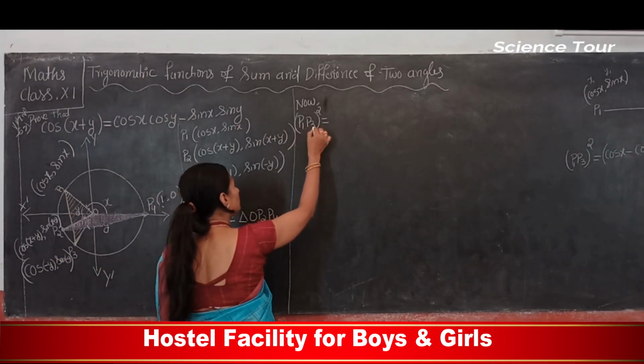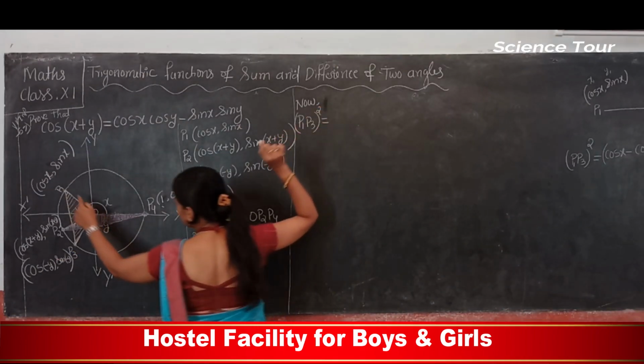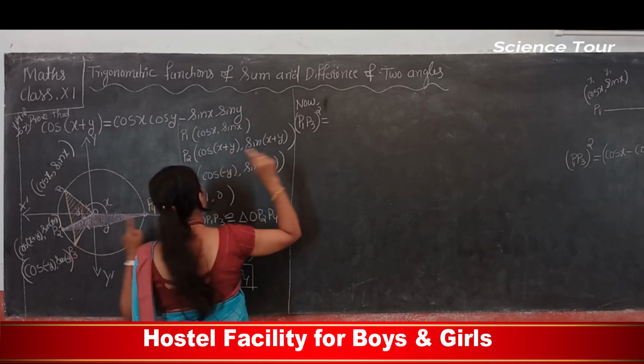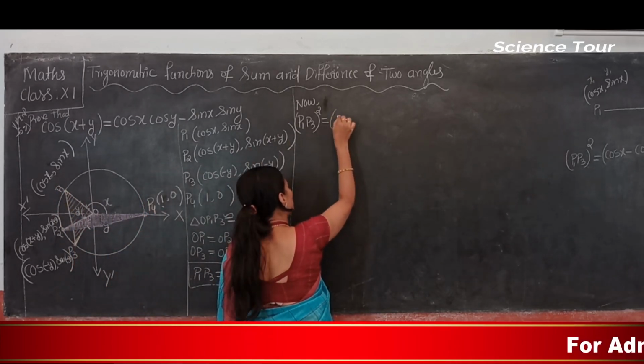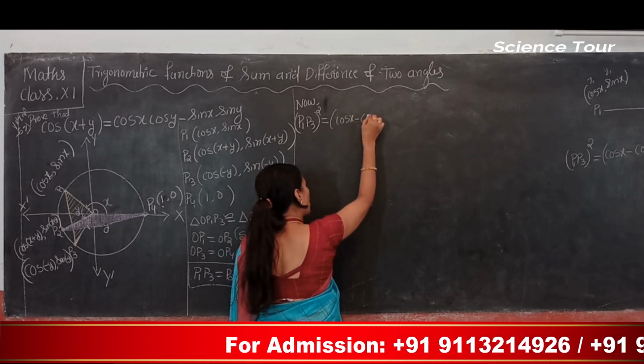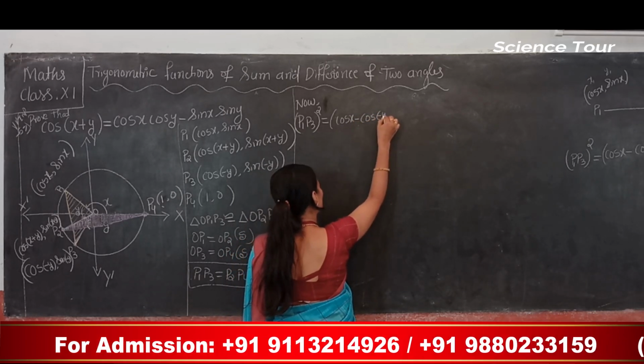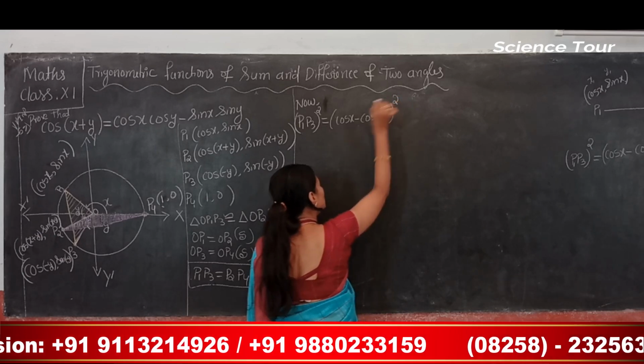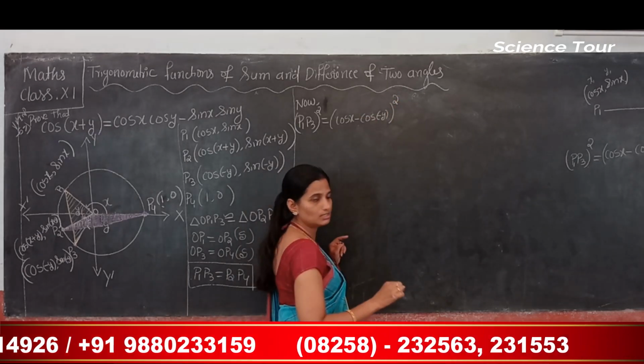So P1, P3 whole square means your formula is cos x minus cos of minus y whole square. I showed how it is.